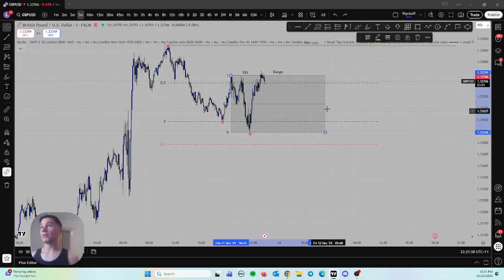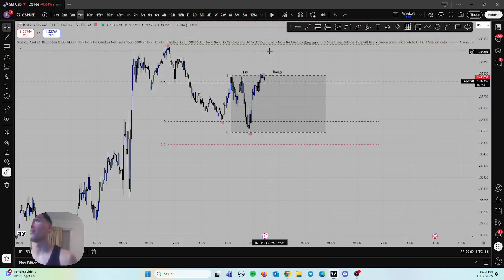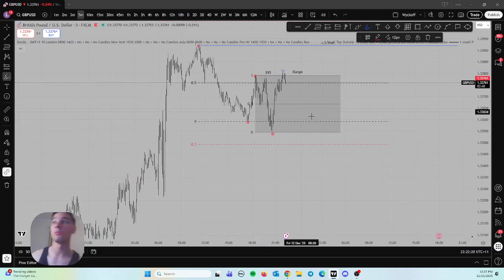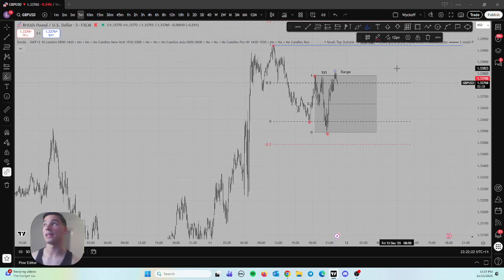Good. Yeah, we're in a very small time frame distribution phase here. You never know, we could actually distribute into this potential accumulation range and then take that Asia high.